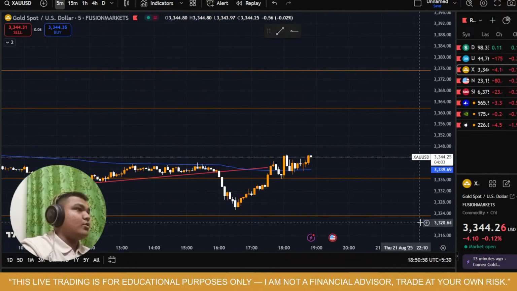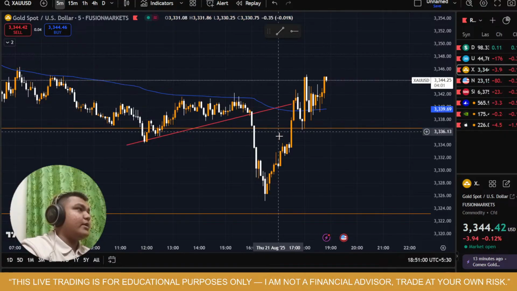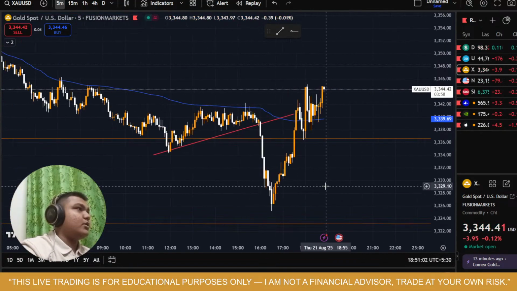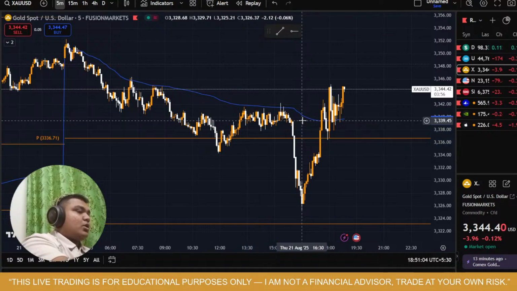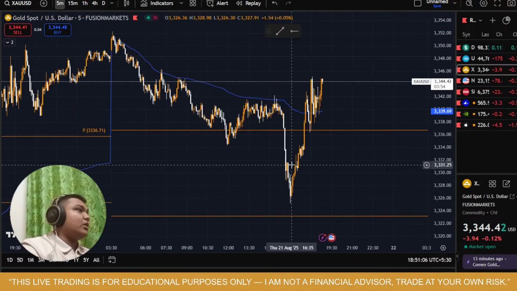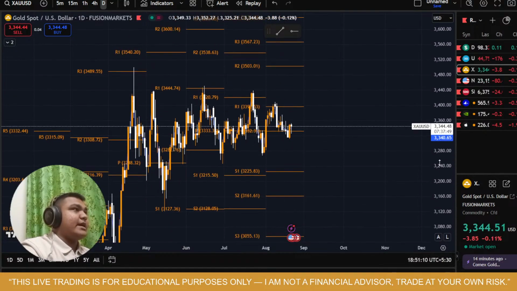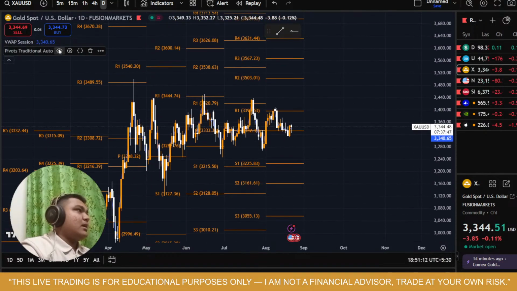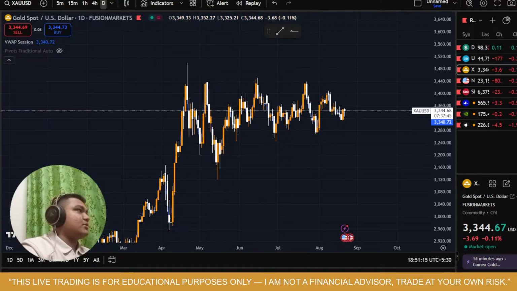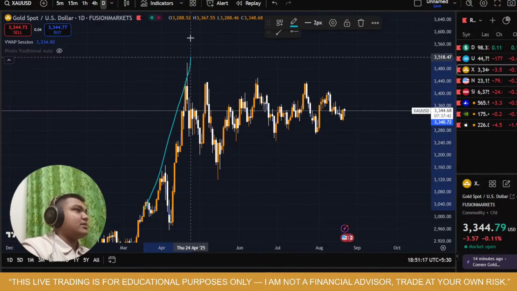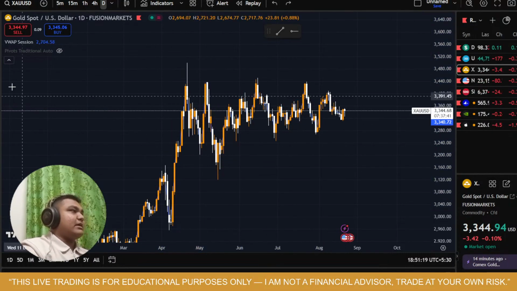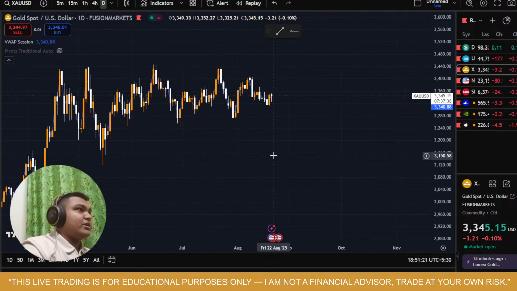Let's see gold. Gold is not looking very hot. As I already said, I don't like this daily range which is stuck. I just hate this chop which has been playing around since April. No trades for gold.